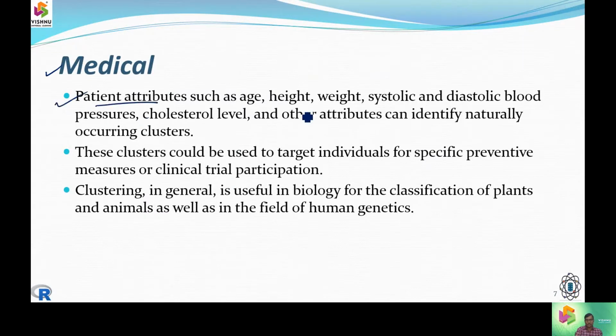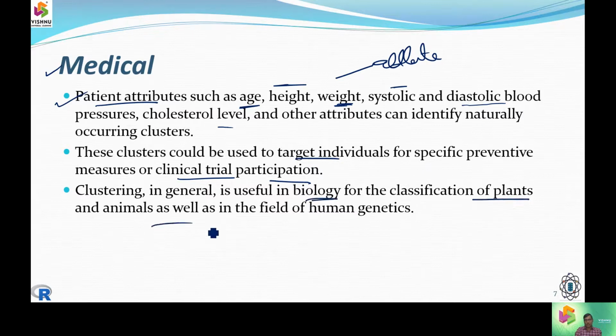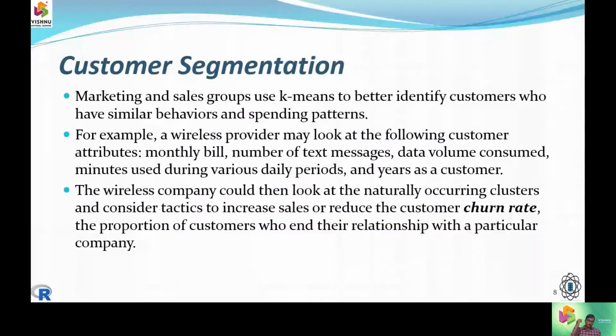We have age, height, and weight, and then systolic and diastolic blood pressures and cholesterol levels, etc. These are some of the attributes we are going to mention, and based upon that we will be in a position to target information regarding clinical trials, etc. Similarly, clustering can be useful in biology to classify plants and animals, and in the field of human genetics, etc. The items are grouped based on the similarity.